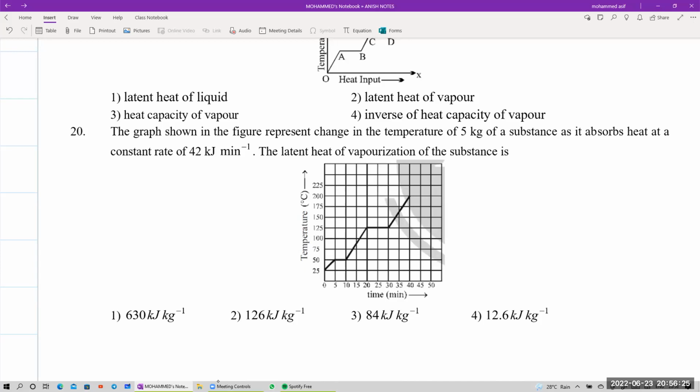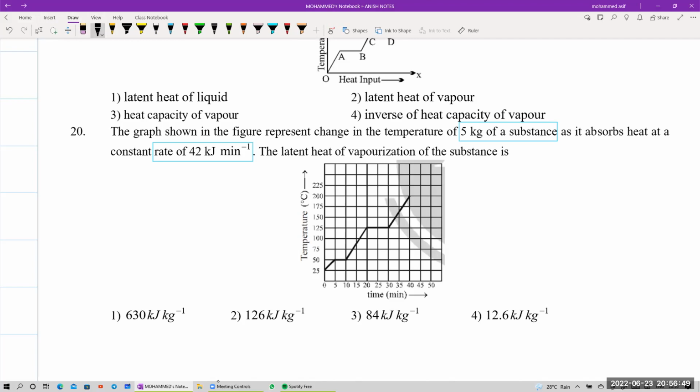Yes, sir. The graph shown in the figure represents the change in temperature of 5 kg of the substance as it absorbs heat at a constant rate of 42 kilojoules per minute. The latent heat of vaporization of the substance is how much?